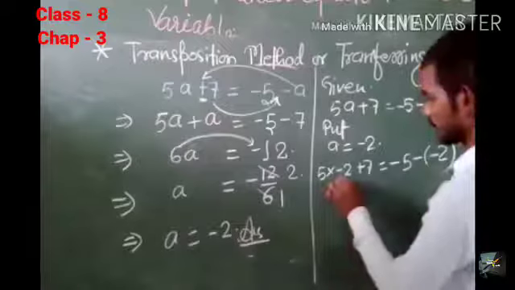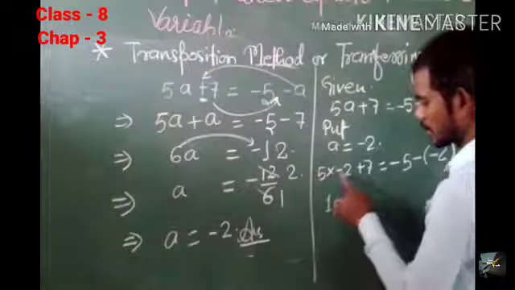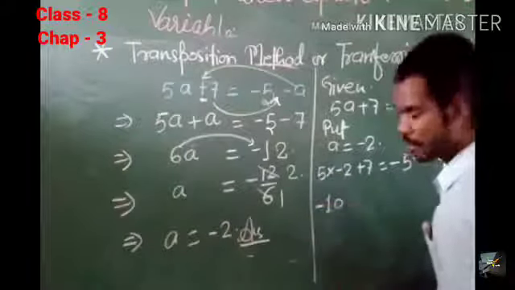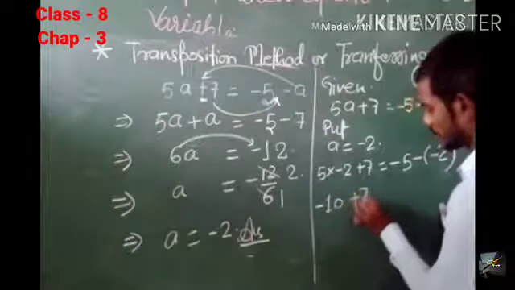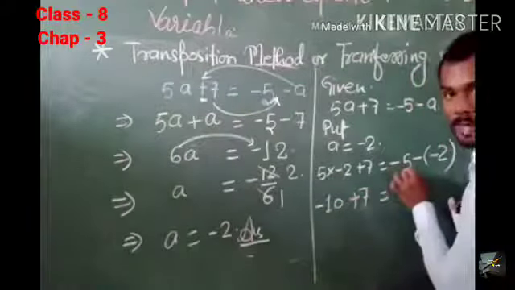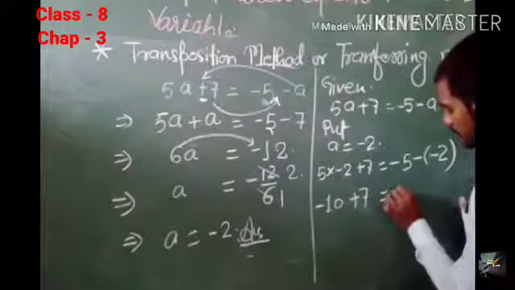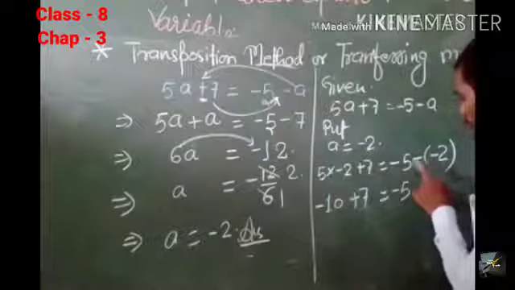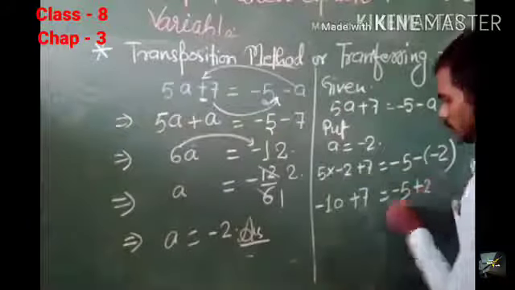Now solve this. 5 times 2 is 10. Minus multiplied by plus is equal to minus. So this is minus 10 plus 7 is equal to minus 5, which remains as it is, minus 5. Minus multiplied by minus is equal to plus 2.